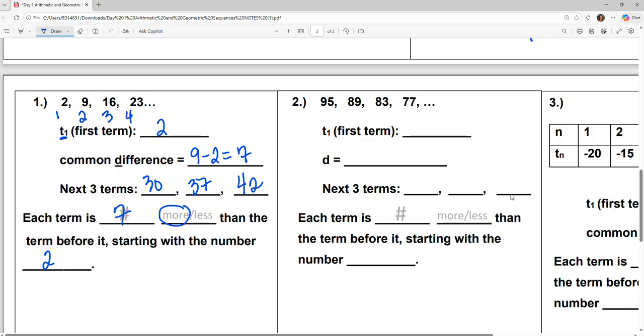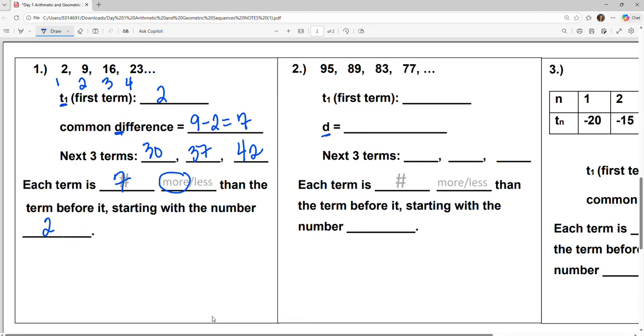I would like you to try to do number 2. This D is the same thing as the common difference. Notice this D is underlined. That's showing you that it's asking for the same thing. So pause the video here and see if you can do it. I'm going to go ahead and go forward.